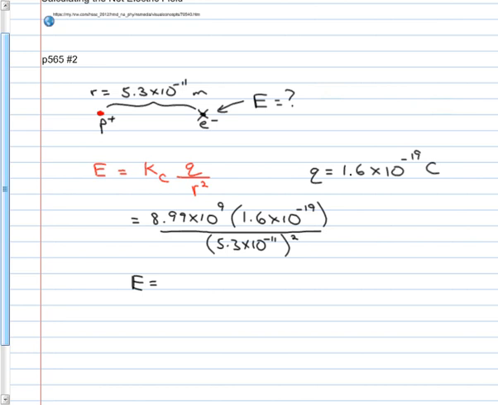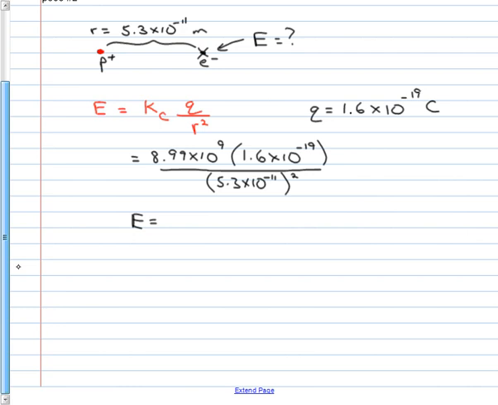So this is always a little bit of a challenge, trying to get our calculators to cooperate. What'd you get, Jack? As you keep entering it, see if you can also get 5.1 times 10 to the 11.